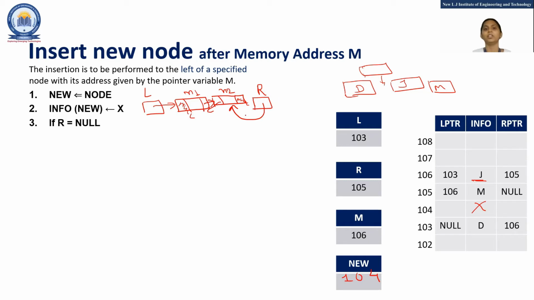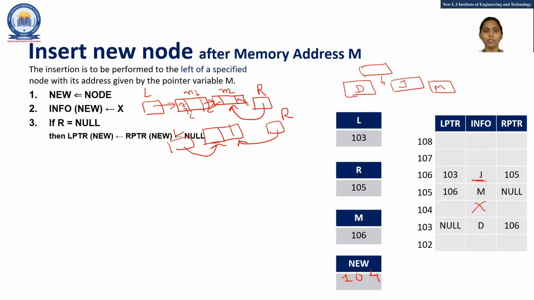In the case where the linked list is empty. When we only have one node, in this case also L and R will point to one node. So if your L is null or R is null, you are very sure that your doubly linked list is empty. So if it is null, then what can you do?